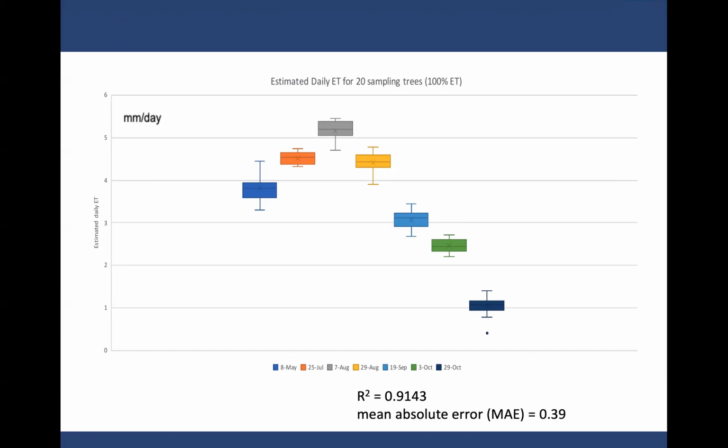We also draw the box plot of the lysimeter trees and the 20 sampling trees. And by the data analysis, we got the R square equals around 0.9, and the mean absolute error is around 0.39 millimeter per day, which showed a state of the art performance to predict the ET for individual tree.